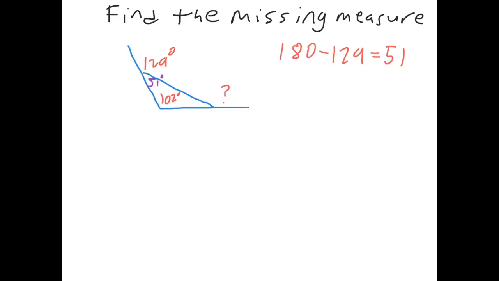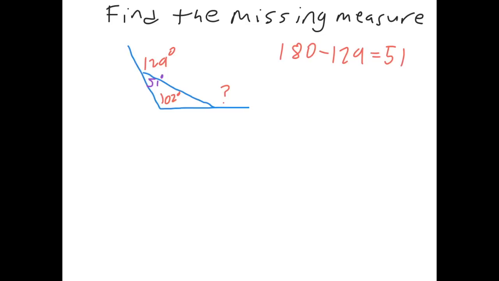With the exterior angle theorem, it says that this interior angle plus this exterior angle will equal 180, but the triangle sum theorem says this angle plus this angle plus this angle will also add up to 180.